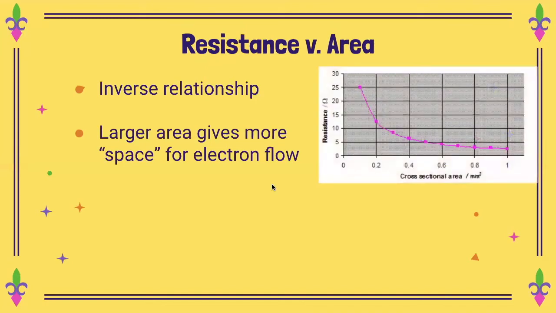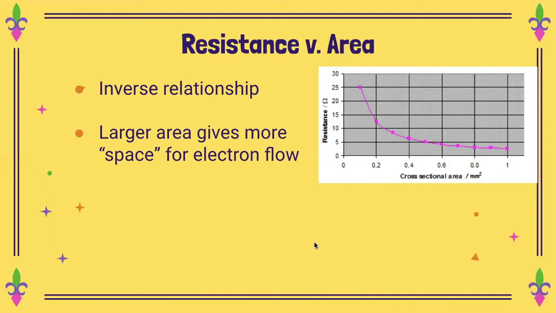So the graph for area versus resistance should be an inverse. It's not really an inverse square. Inverse square is things where the electrons would spread out evenly in a sphere over space, and that's not really what's going on here. Making the area bigger and bigger gives more room for the electrons to move, so the resistance is smaller.